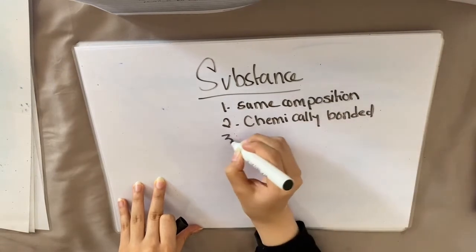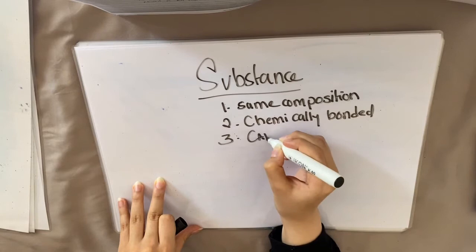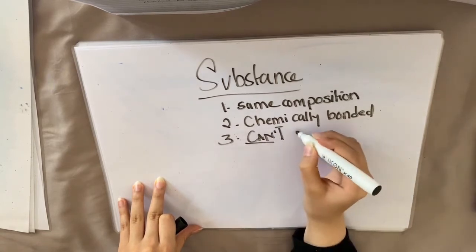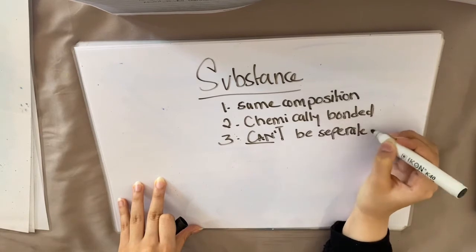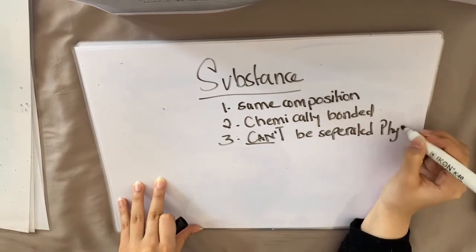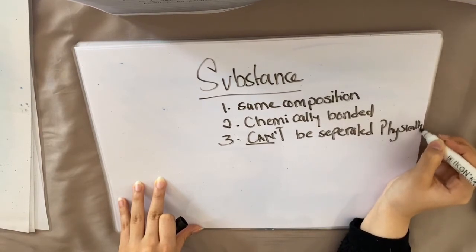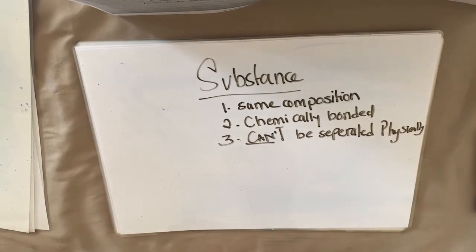And finally, can't be separated by physical means, or can't be separated physically. What do I mean by physical means? Filtration, simply filtration, a filter, or a funnel, or a sieve tray, or evaporation. All these are physical means.